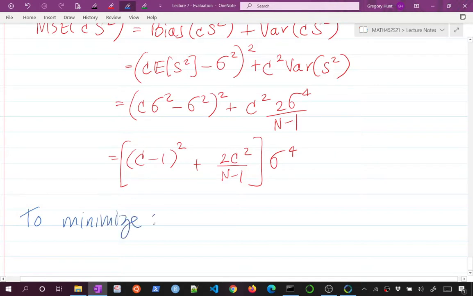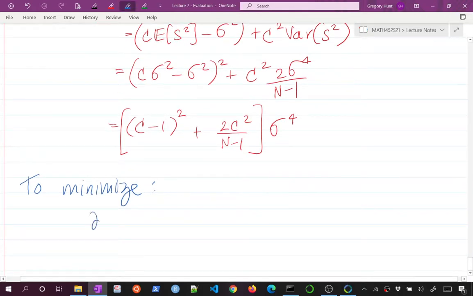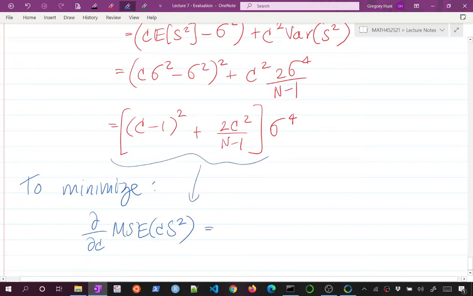How do we minimize this? Well, it's a function of c. What do we do? Take a derivative, right? It's a Calc 1 problem. Take a derivative with respect to c of the MSE of c s squared, and set it equal to 0. So we take a derivative.